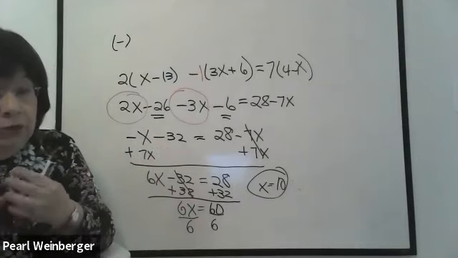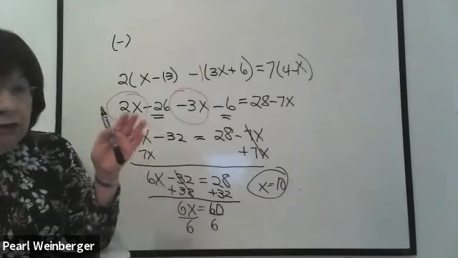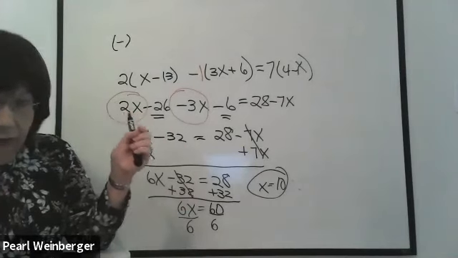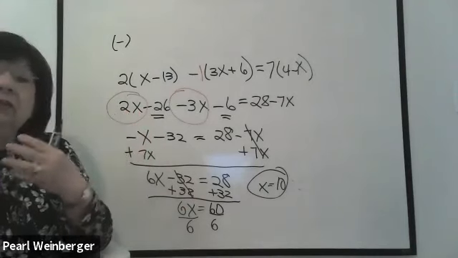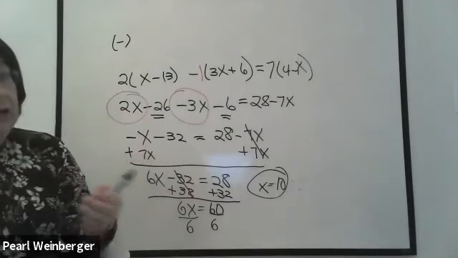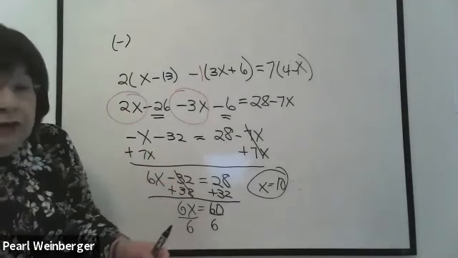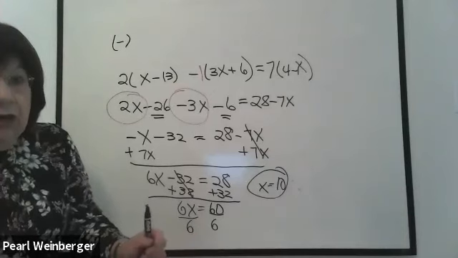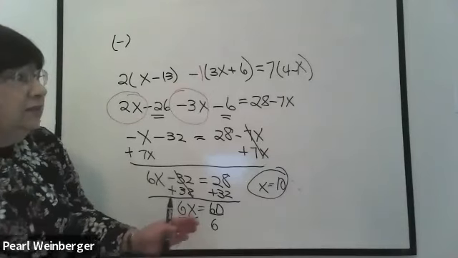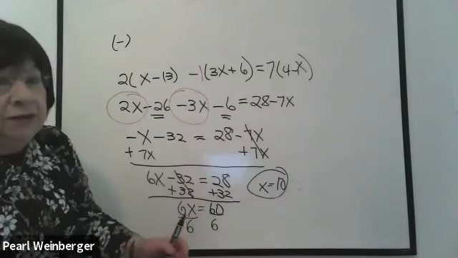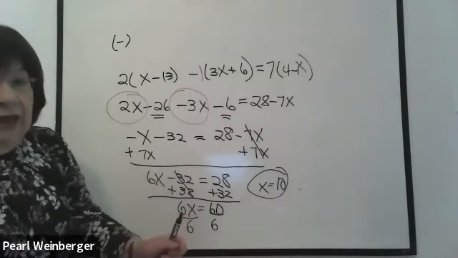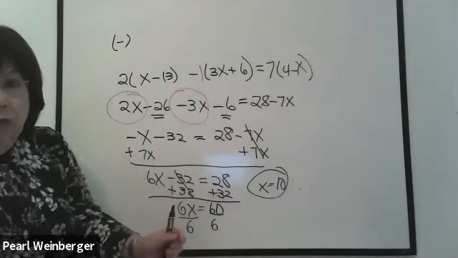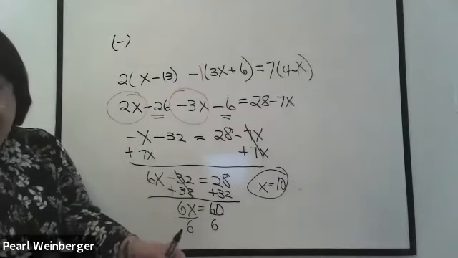So I think I'm going to stick to just regular whole numbers now. When we do our section on fractions, I'll come back and do equations that have fractions as well. Let's make sure we're comfortable with doing things that don't have fractions, because fractions make life more complicated.